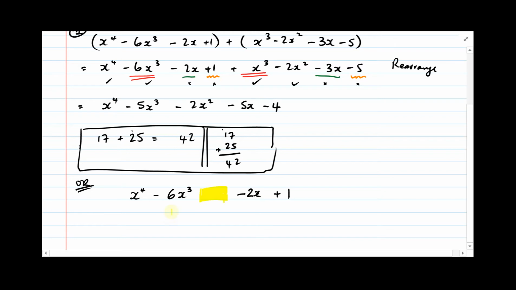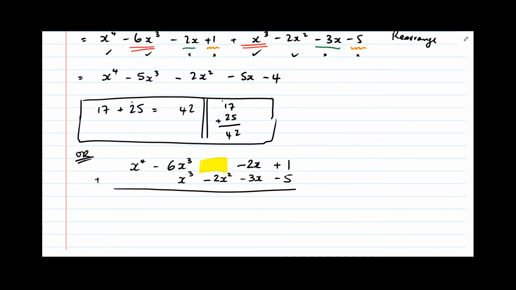Now the next one, I will have my addition sign. Here is x cubed, so I'm writing it under each. The space that was left is good, or else I would have had everything bunched up. And now I'm simply going to add. Since all the like terms are aligned, I will simply find the sum of each of the vertical components.